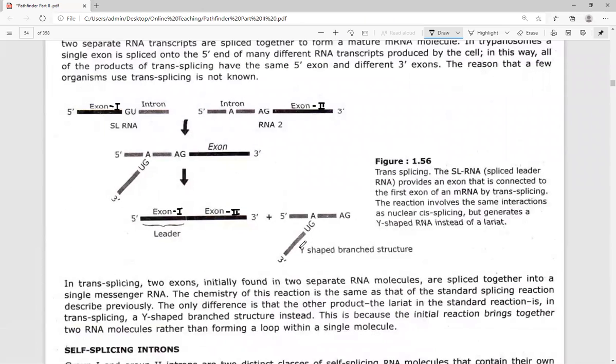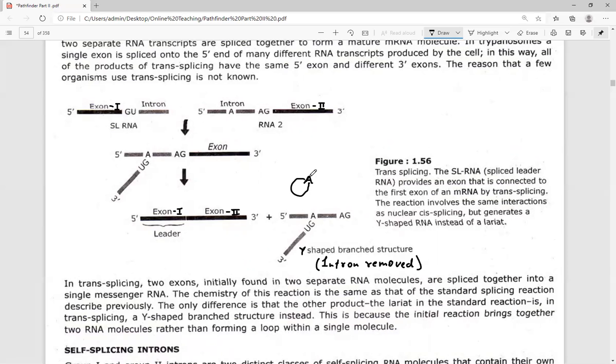Now, this is a Y-shaped branched intronic structure. This is the intron which has been removed. When you look at this, it is a Y-shaped structure as compared to the lariat type structure that was formed in the presence of adenine.